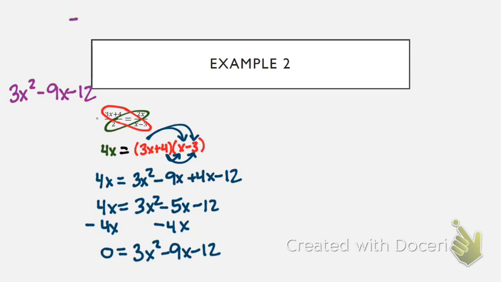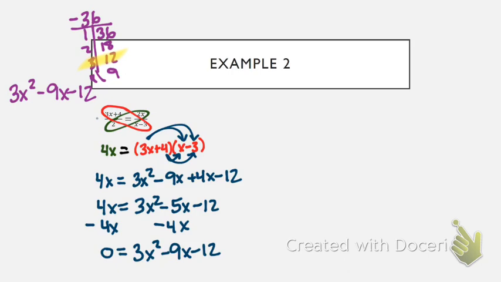So we have 3x squared minus 9x minus 12. A times c is negative 36. So I have 1 and 36, 2 and 18, 3 and 12, 4 and 9 as my factors of 36. If I'm choosing factors that I can add to get 9, I'm going to use 12 and 3.